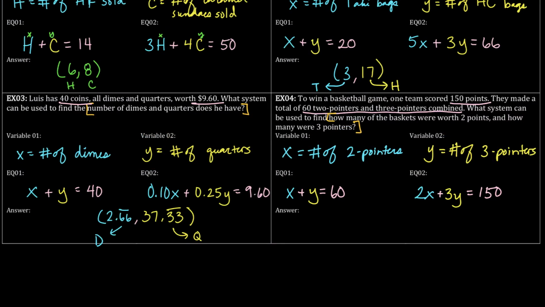So we can put 30 and another 30. And that is the number of 3-pointers and the number of 2-pointers. Okay, next page.